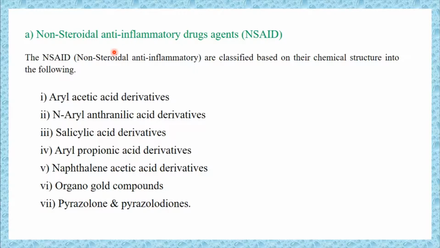So this anti-inflammatory drug is used in the treatment of these diseases.